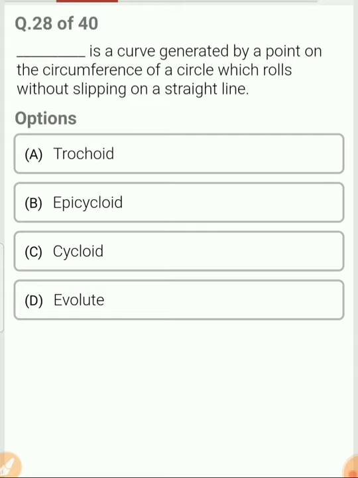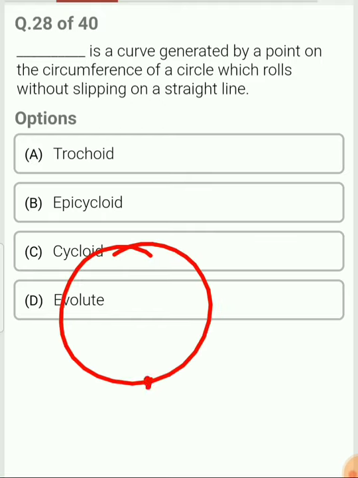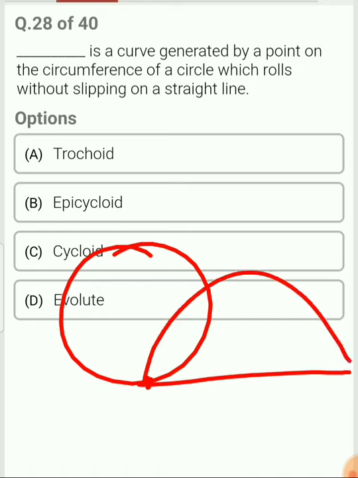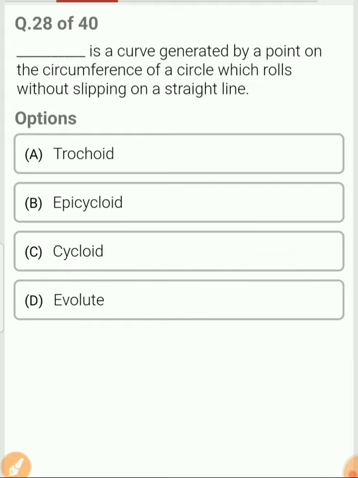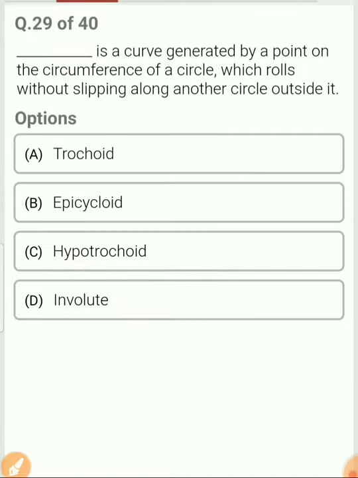Dash is a curve generated by a point on the circumference of a circle which rolls without slipping on a straight line. So this curve will be equal to what? It is equal to cycloid. Dash is the curve generated by a point on the circumference of a circle which rolls without slipping along another circle and outside the other circle.